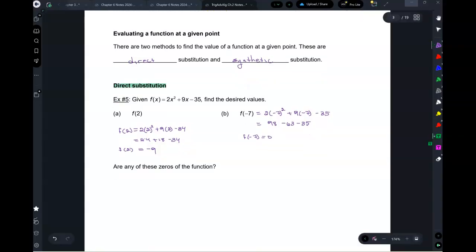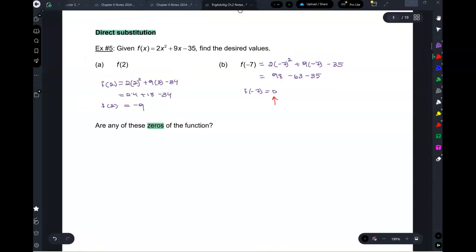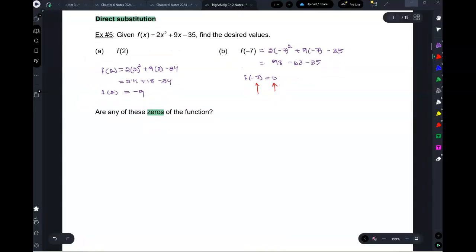Now the question asks, are any of these zeros of the function? Well, when we plugged in 2, we got negative 9. But when we plugged in negative 7, we got 0. Because we got 0 when we plugged in negative 7, then yes, x equals negative 7 is a zero because f of negative 7 is 0.